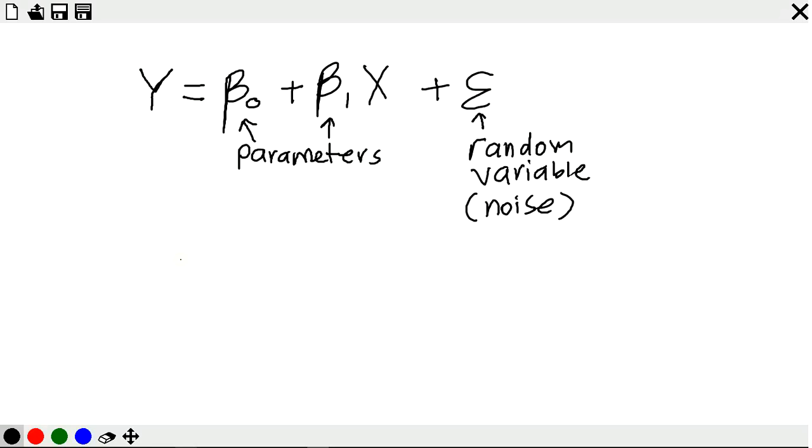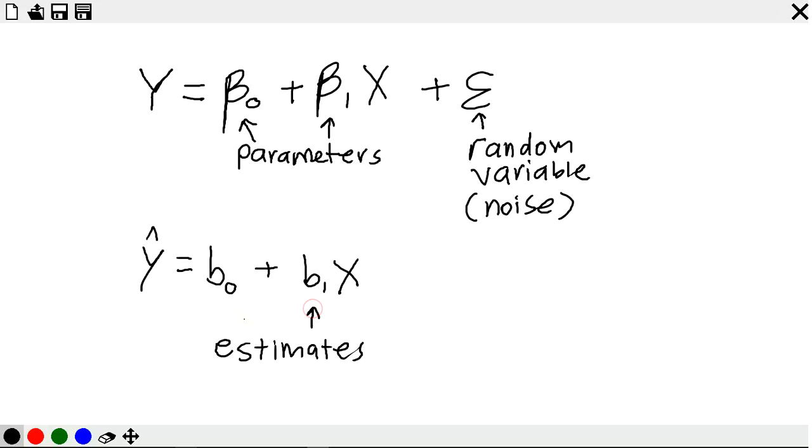Now the model, what we're actually estimating, is y hat equals b0 plus b1x. So whereas we have parameters beta 0 and beta 1, we have only estimates b0 and b1, and there's no estimate for the random variable noise.